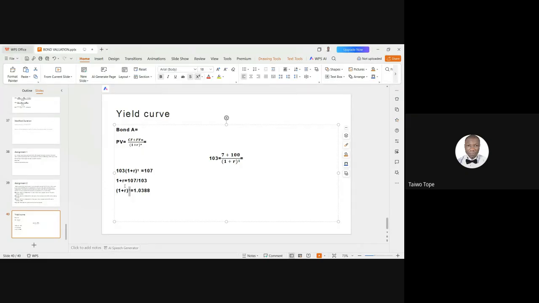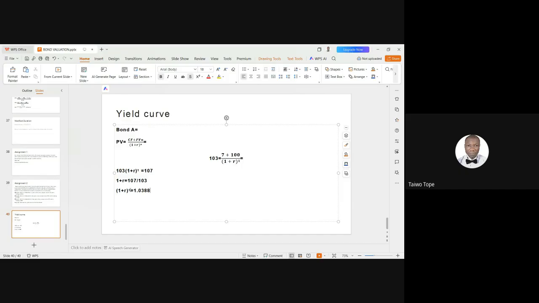When you put the root on this, it will cancel the power. Then the other part too, we have the root of 1. Take note, so that when you have 2, you do the square root of this portion. The square root will cancel the 2, which is the power. Then you square the other part too to get the value of R.